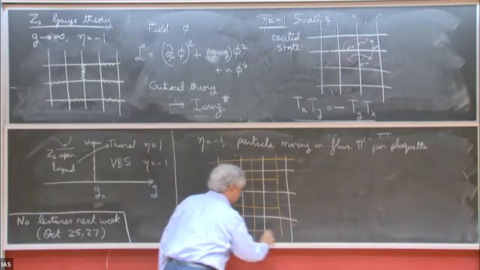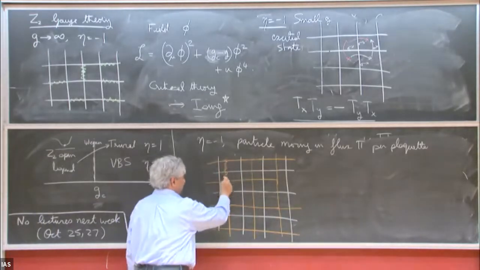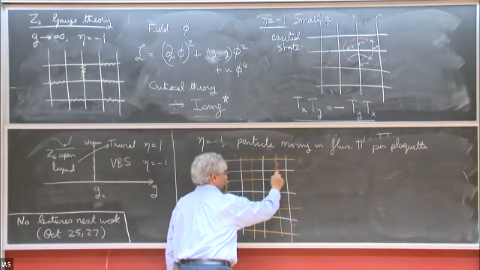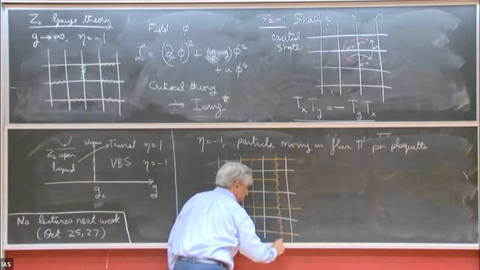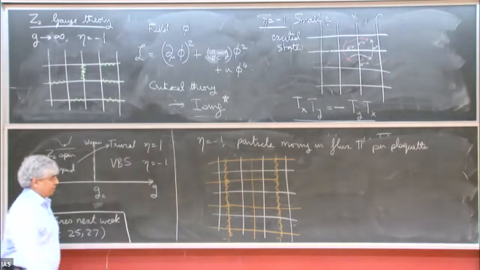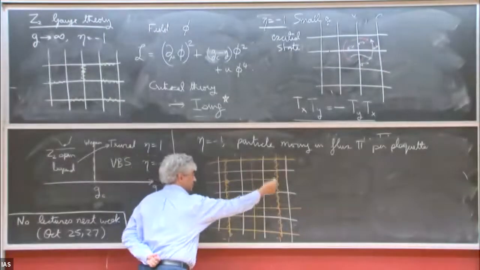And the gauge I want to pick, for example, one gauge would be, all these lines would be -1. Hopping would have the opposite sign. Okay, so now if I take the flux around any plaquette or any orange loop, I get -1.